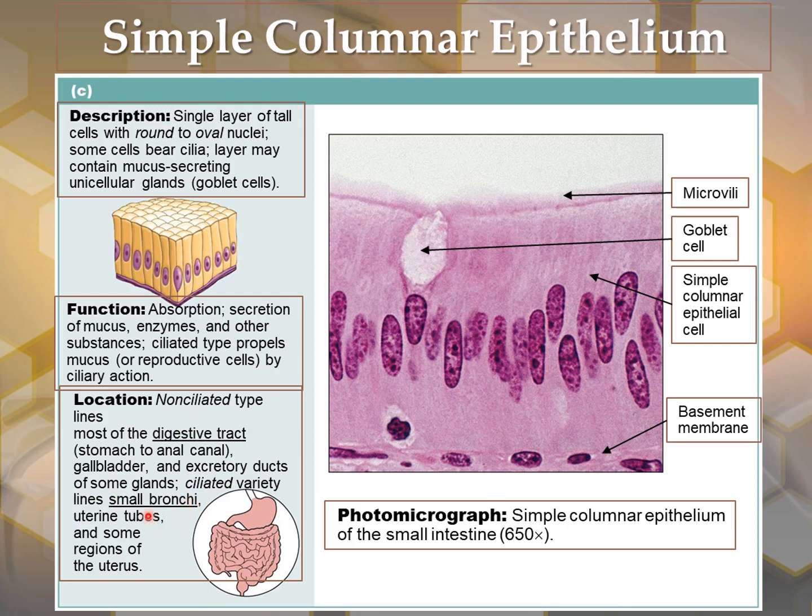In the uterine tube, so in the reproductive system in the female, because you want to be able to move the egg through the uterine tube. So you get this ciliary action to kind of move things through. Same with the respiratory system. You want to move that mucus through the respiratory tract and out. Okay. So simple columnar epithelium.